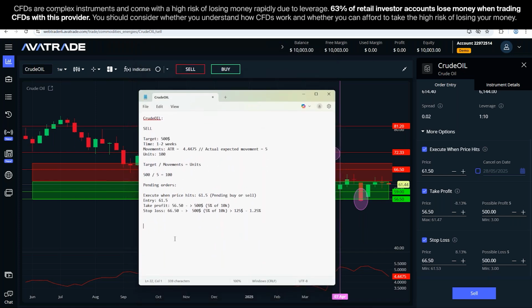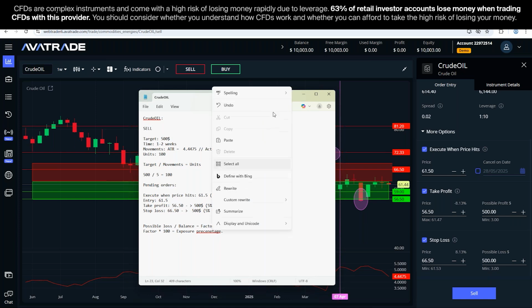Well, a very easy way to know the percentage of your account is to go possible loss divided by balance equals factor, and then factor times 100 gives us the exposure percentage.